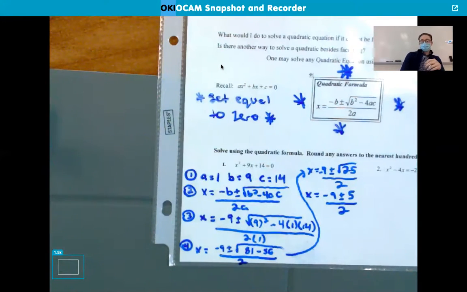So up until this point, we haven't done too much that's been super strenuous, right? It just mattered plugging in and simplifying. However, let's think about what our goal is here, right? We're trying to find solutions. And when we were factoring, when we were graphing, we found that we had 2 solutions to each of our equations, right? So what we need to do at this point, notice I have negative 9 plus or minus 5 over 2. I'm not going to leave my answers out. I'm actually going to go and find the solutions.